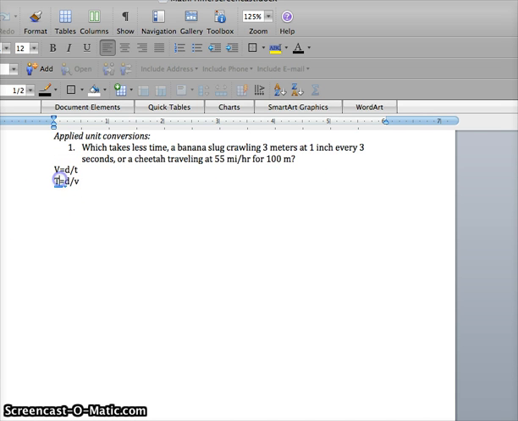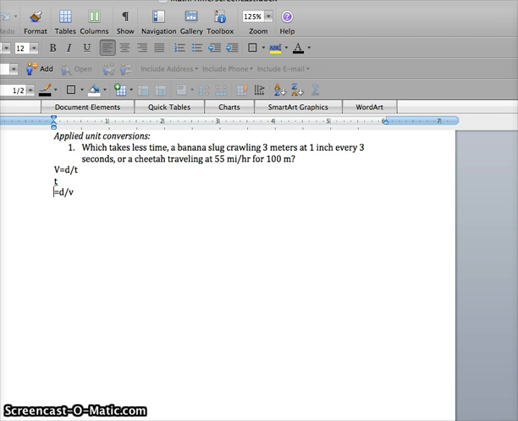And I'll make it a lowercase t for time. We want to end up with seconds for each of them, so we need to make these conversions into seconds. The easiest thing to do is turn that 1 inch in the first one into meters, then we'll get meters per second.